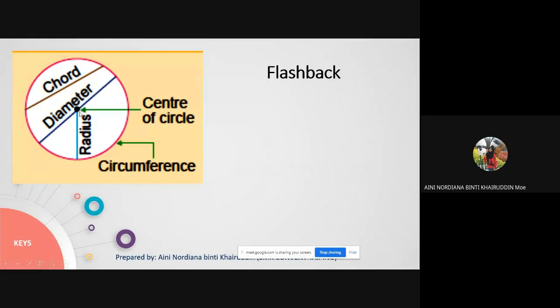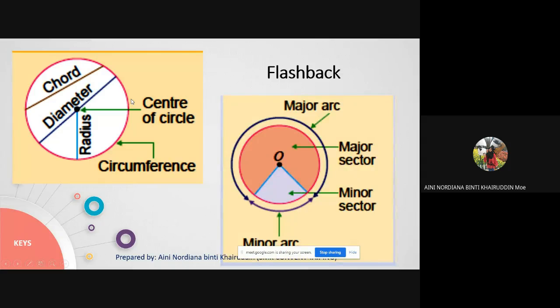Radius from center to circumference. And the pink one is circumference. And this is center of the circle. Okay, this one semua dah belajar dah masa Form 1. So ini pun you all dah belajar.